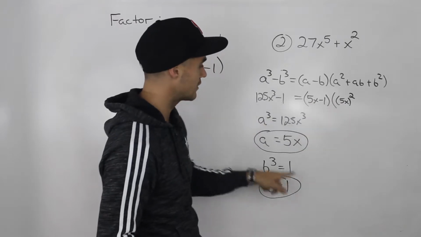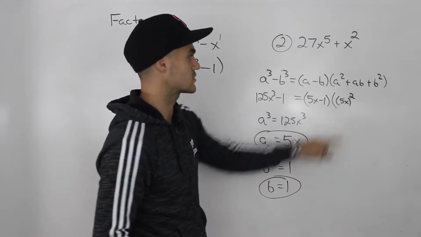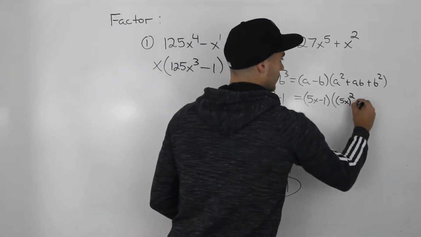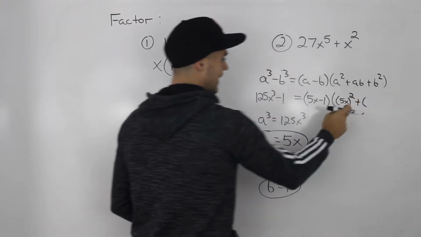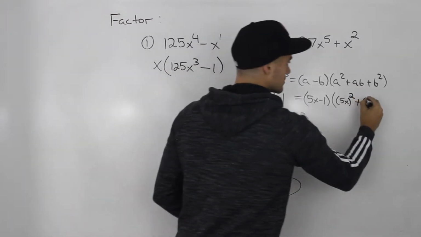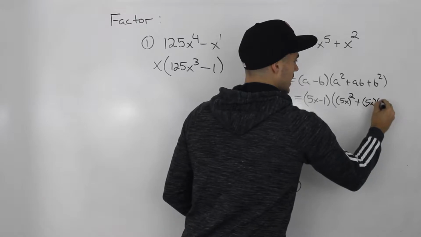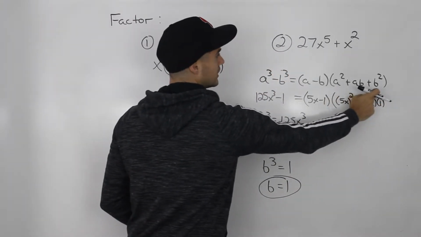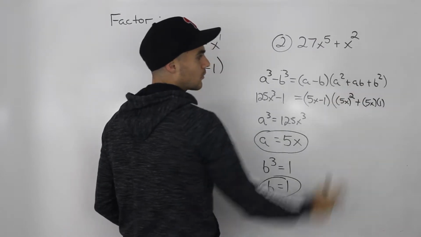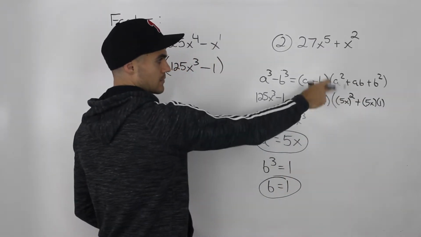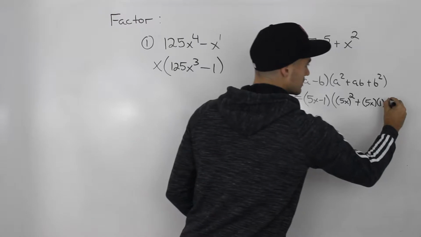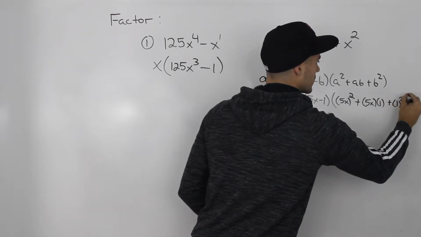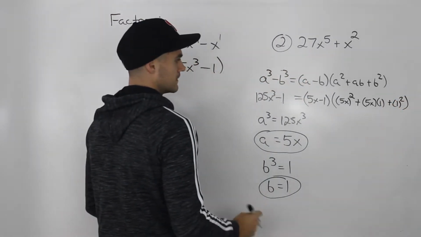However, that entire a term has to be squared. And then we're going to add a times b, so 5x times 1. So notice how I'm always putting brackets whenever I'm inputting any a or b values. And then plus b squared, plus 1 squared, close bracket.